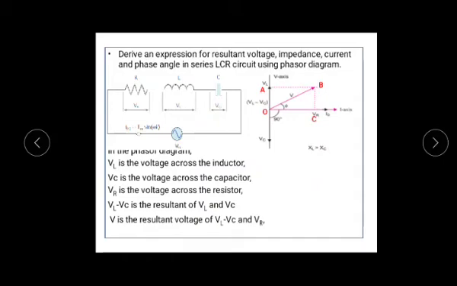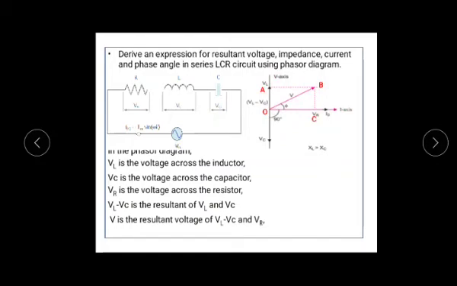So VL minus VC is the resultant of VL and VC, and it is represented along the positive y-axis. Then V is the resultant voltage of VR and VL minus VC.